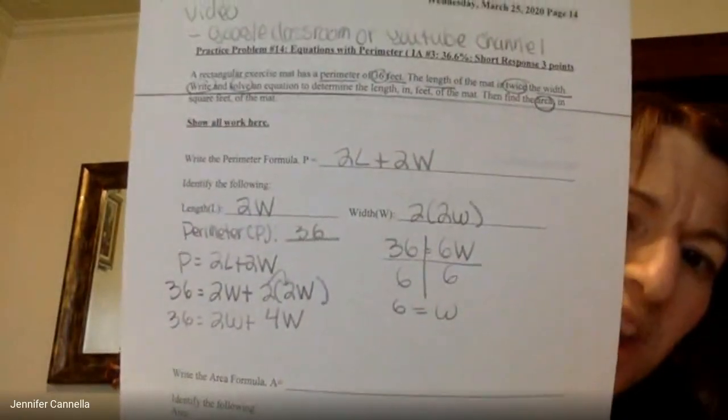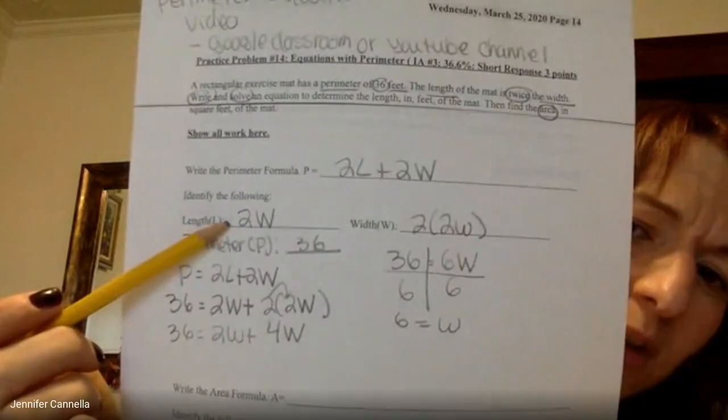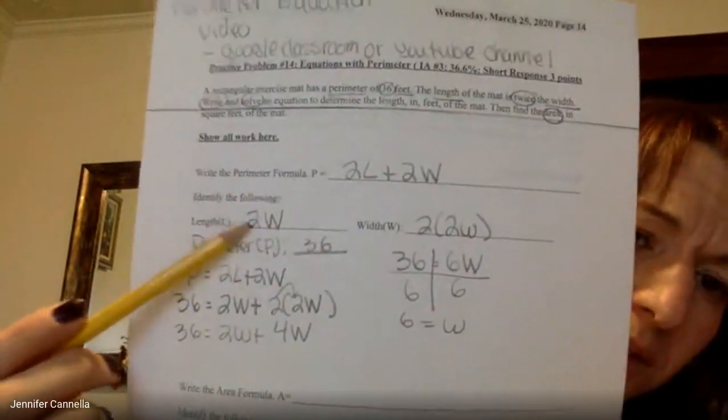We're not done yet. If the width is 6 and the length is 2W, what is the length now? The length is 12. Yes, because you do have to multiply it by 2. Excellent. Good job. So the L is equal to 2 times 6. You're going to write what I'm going to write. Good job, Nikell. The length is 12.